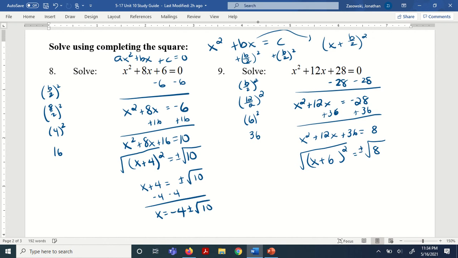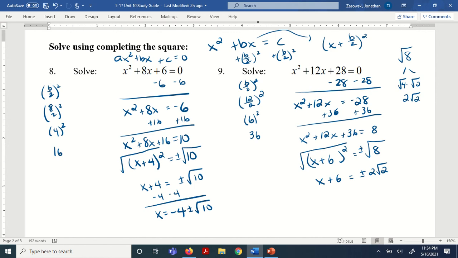Now, the square root of 8 does actually simplify, okay, into what perfect square? The perfect square that multiplies together to give you 8 would be 4 and 2, and the square root of 4 is just 2, so this becomes 2 radical 2. If we drop this out, we'll get x plus 6 equals plus or minus 2 square root of 2.